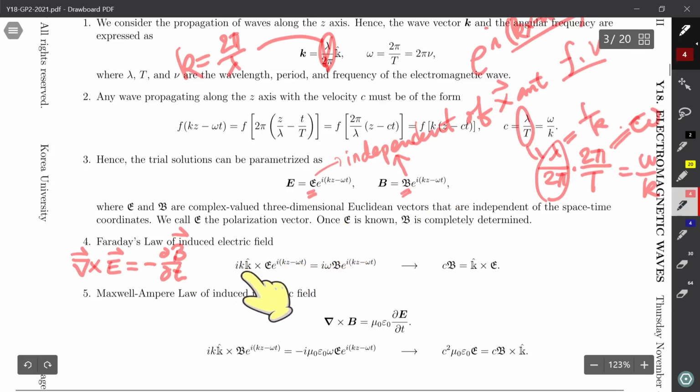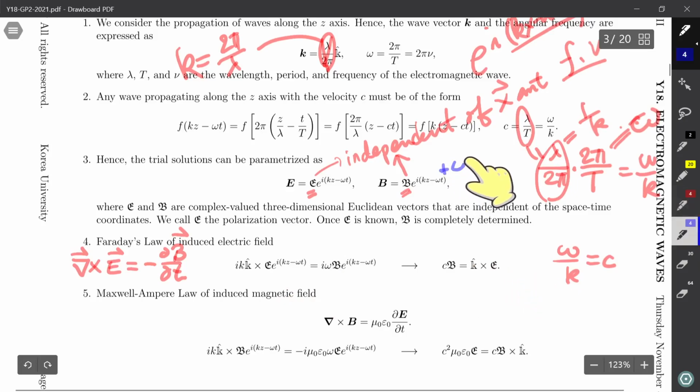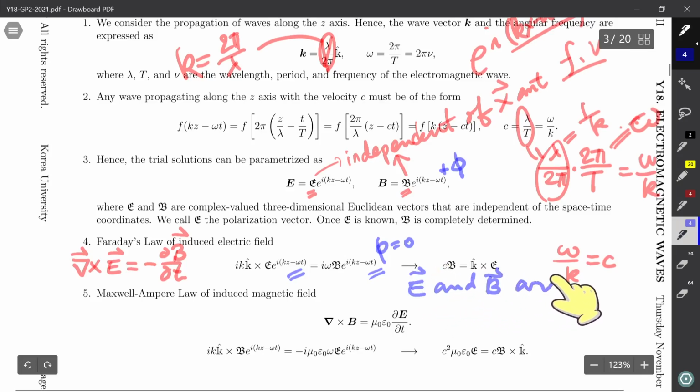The i cancels and we find cB, with omega over k equals c. The cB vector is k cross E vector. We could have included a general phase phi to allow a phase difference between the electric field and magnetic field. However, this relation shows that phi equals 0. So E and B are in phase.